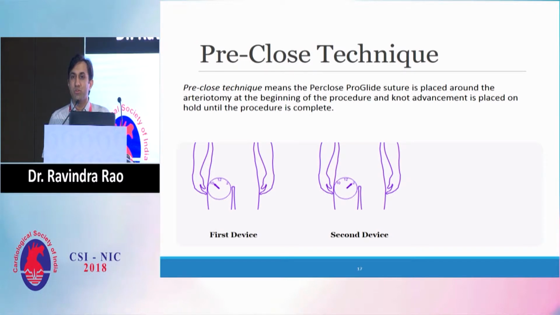It can only be used for a common femoral artery entry, and that too it has to be an anterior wall puncture, because if you are in the profunda or superficial femoral artery, the foot plate of the ProGlide can close the vessel itself.